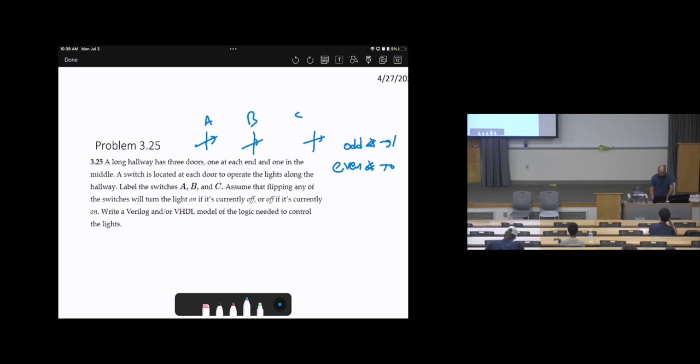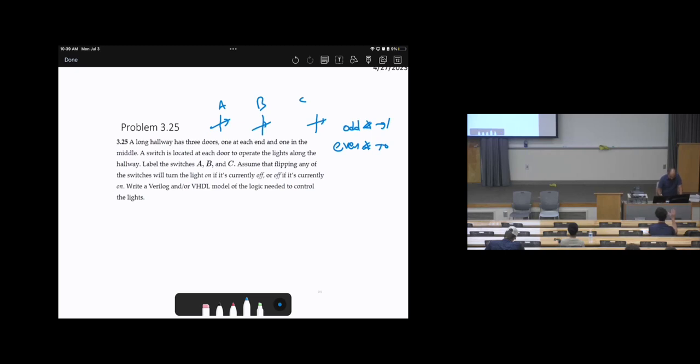If even, it will make it 0. Or in other words, we can say an odd number of ones will make it 1, and an even number of ones will make it 0.